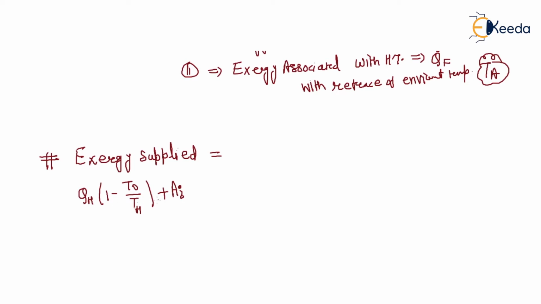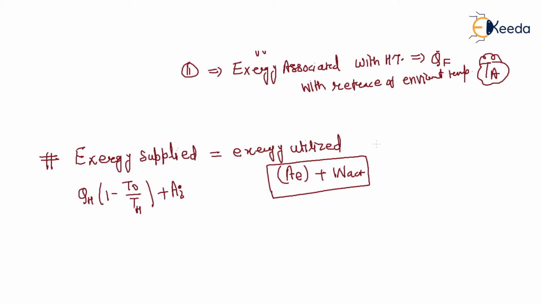This is the exergy supply, which is equal to exergy utilized. What is the exergy utilized due to flow? It is the flow exergy plus the exergy utilized due to work, W actual. So this is your exergy utilized.